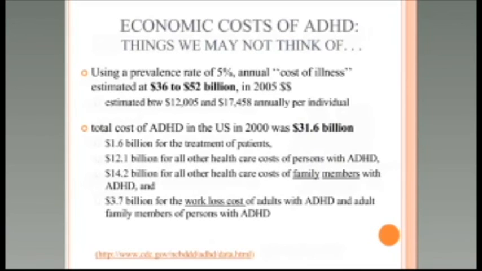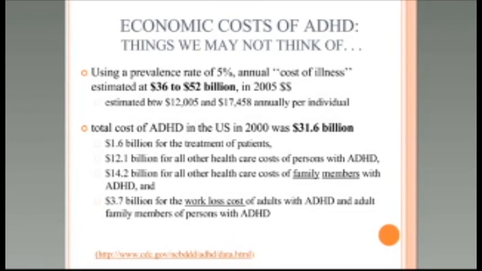Economic costs beyond the individual, things you might not think of. Using a prevalence rate of 5%, which is a little bit lower than the current incidence, using an annual cost of illness calculation, this is estimated between $36 to $52 billion annually in 2005 dollars. And I looked and couldn't find any more recent updates in terms of these numbers.